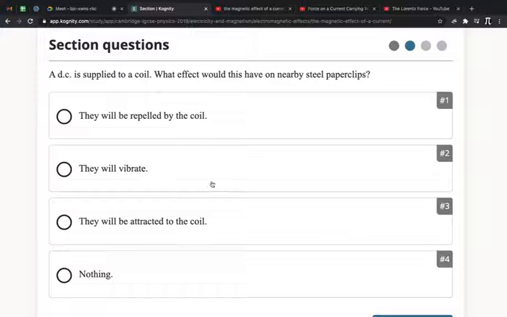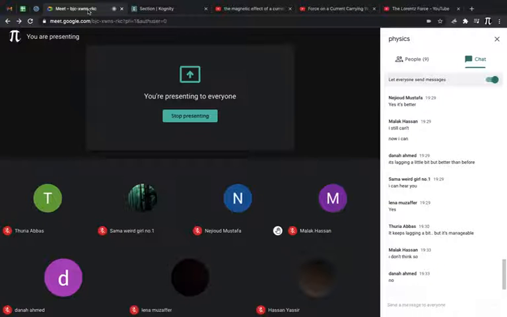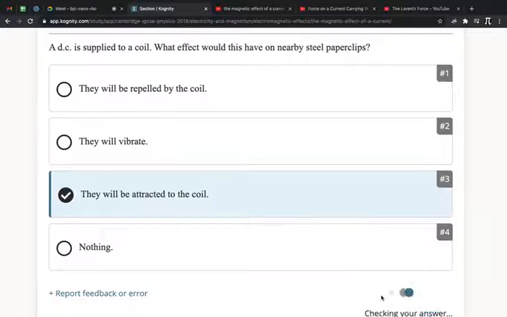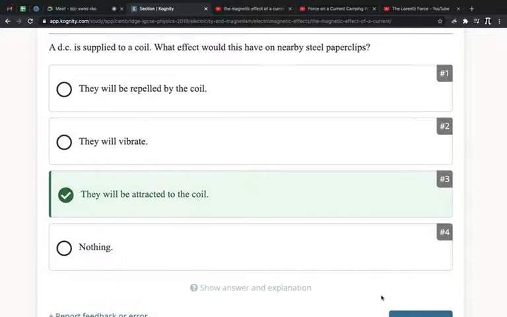Guys? Najud? I think 3. They will get attracted. Okay, good one, Najud.